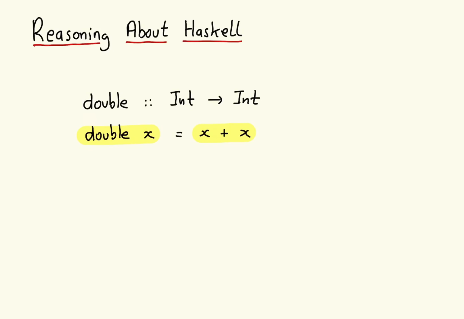So this is just the standard idea of running a function from left to right by applying it. However, in a language like Haskell, where equals actually properly means mathematical equality, you can also run your functions backwards. What this means is that whenever you have any integer expression x, the expression x plus x can be freely replaced by the expression double of x. So when you're doing equational reasoning, you can freely replace the left-hand side by the right-hand side, or if you wished, you could freely replace the right-hand side by the left-hand side.